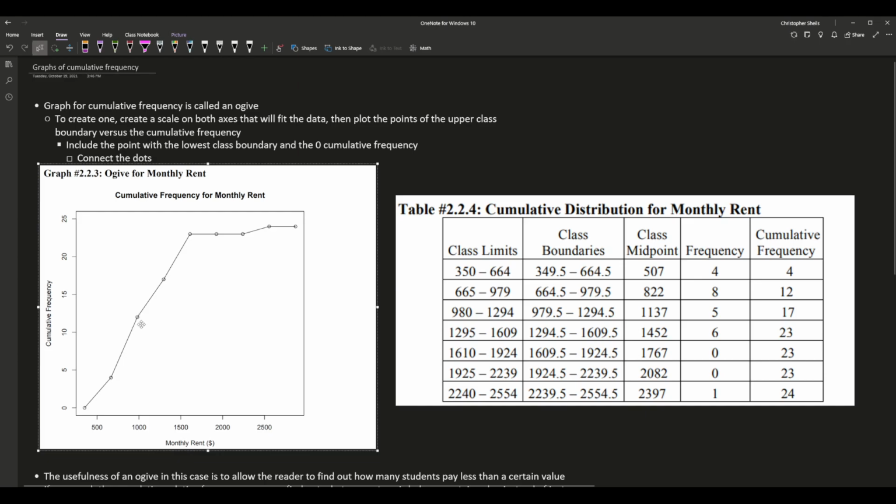Then this one's going to be 979.5, 1294.5, 1609.5, 1924.5, 2239.5, and 2554.5.